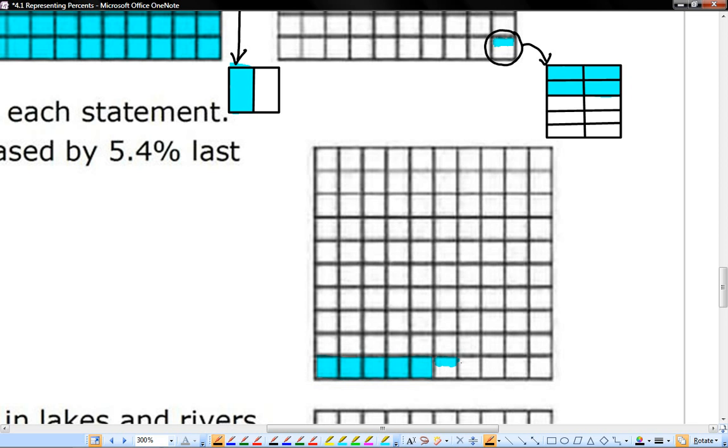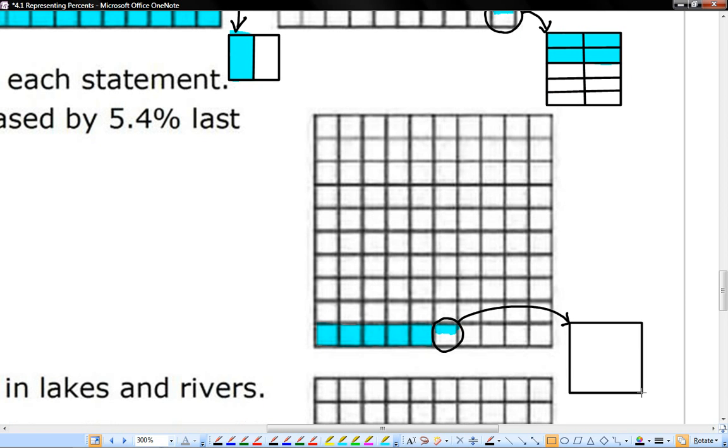Of course, if I want to do a careful job here, I'm going to circle this square. I'm going to draw a little arrow to the outside where I'm going to do a nice big square here, and I can do a more accurate representation of what 0.4 would look like. Of course, I'm breaking it into 10 equal parts, and I can shade 4 of them.